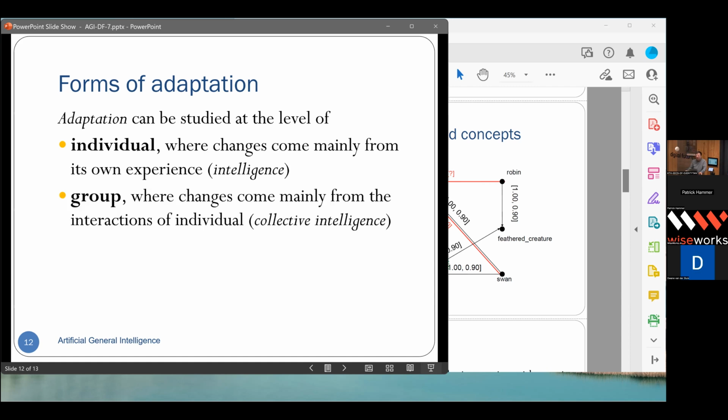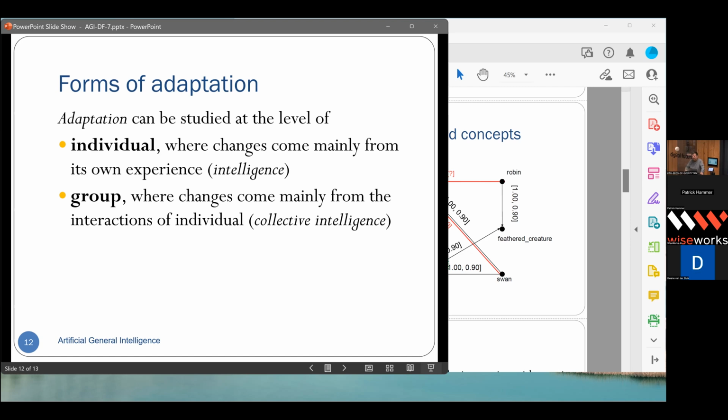But also, we can move to the group level, assume we have a group of those individuals, where the form of intelligence or adaptation takes a slightly different form compared to an individual. For example, one major difference between one individual and a group is a group has higher tolerance to internal difference, diversity, and so on. Okay? An individual can have different opinions in your mind.